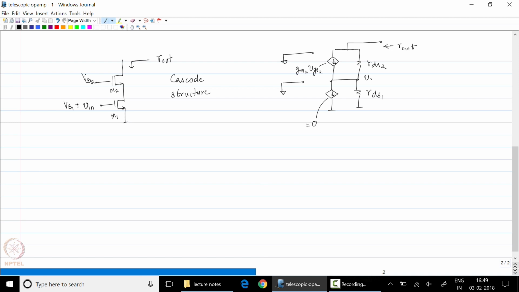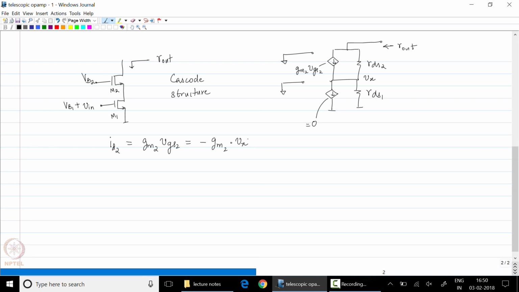Now let us denote this node voltage by Vx. Therefore, IB2 is GM2 times VGS2. This is clearly nothing but minus GM2 times Vx.